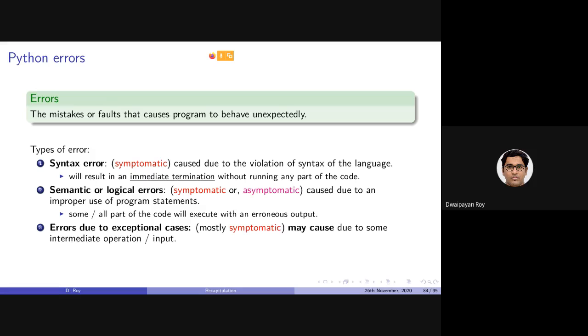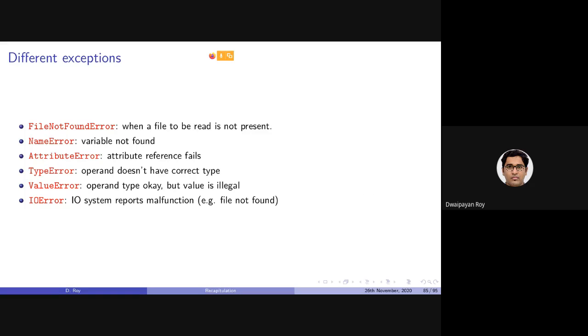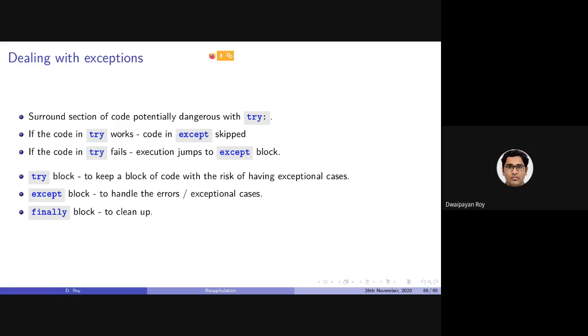These are called exceptional cases. We saw different types of exceptions, and to deal with exceptions we discussed the try block. We need to put the statements from which an exceptional case can occur inside the try block, and the corresponding handler, that is the way of handling the exceptional statement, should be put in the except block, and the finally block should be used to clean things up.